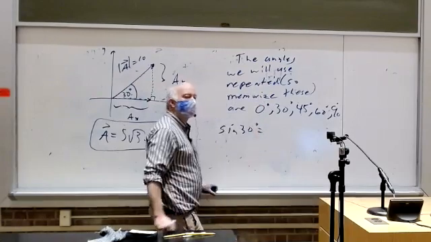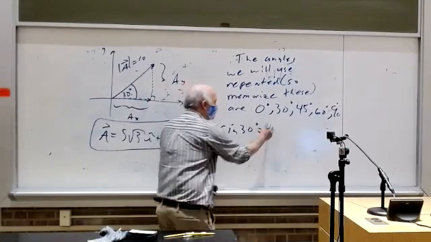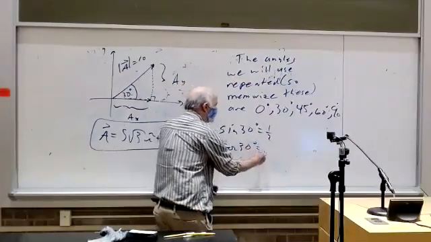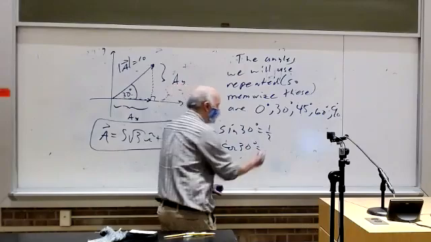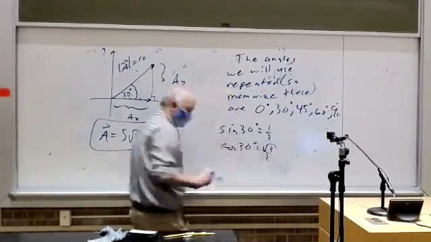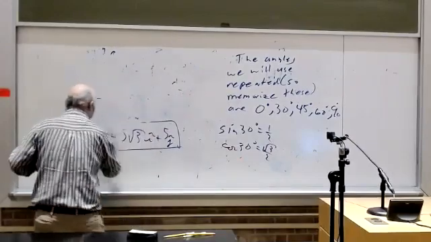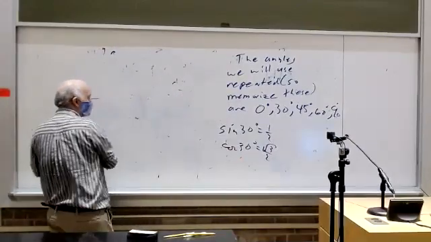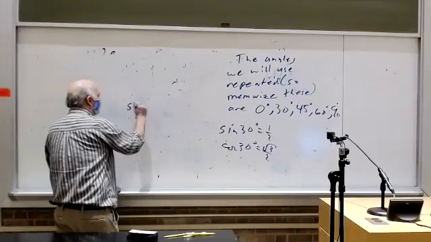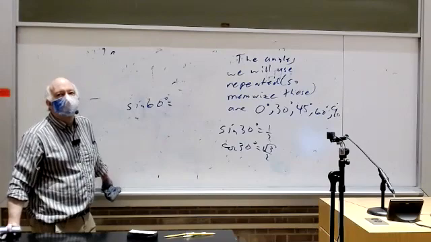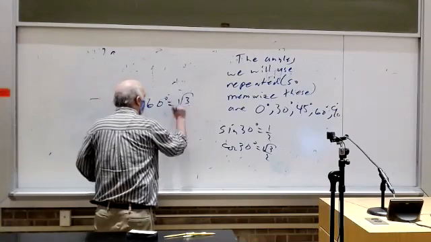What did we say that was? 1/2. What was this one? Root 3 over 2. I'm going to give you 2 others. What about sine of 60? Root 3 over 2.